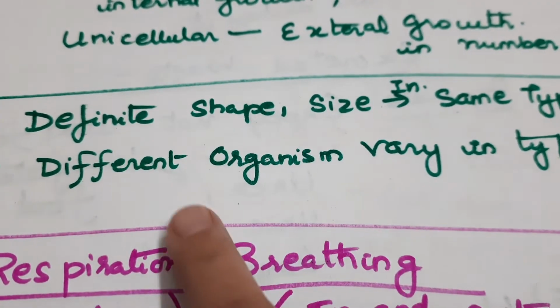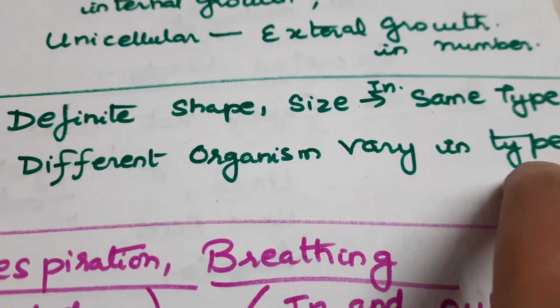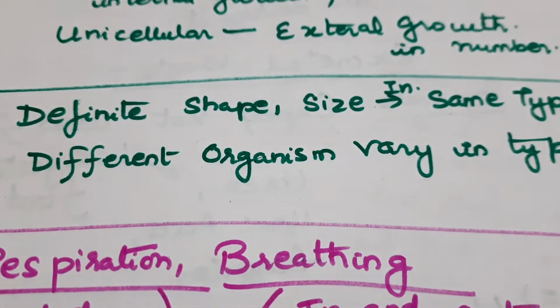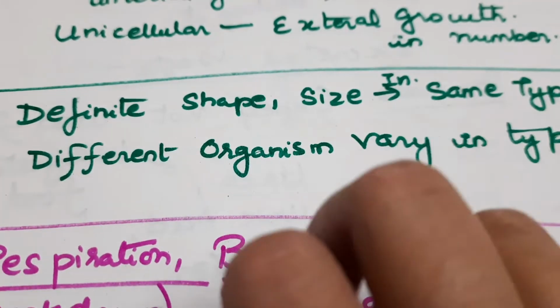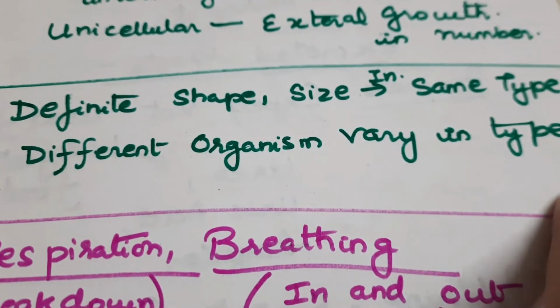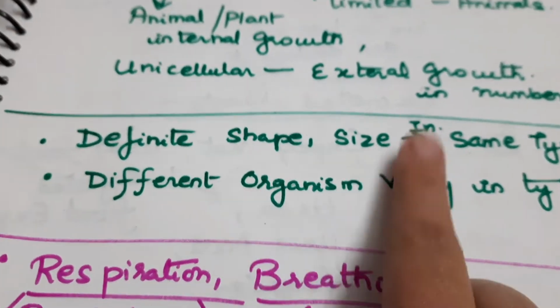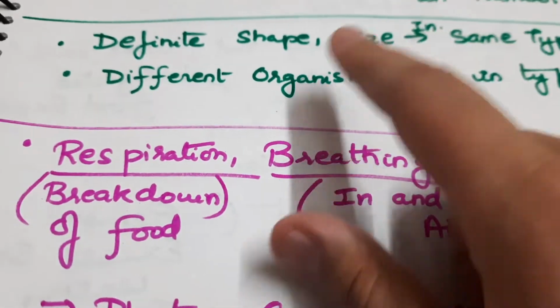But if we talk about a mouse and an elephant, they vary in size and shape because they are different organisms. The mouse is a very small organism, and elephants are bigger in shape and size. So this is the variation in their type. But if they are the same type, then there is a definite shape and a definite amount of size.